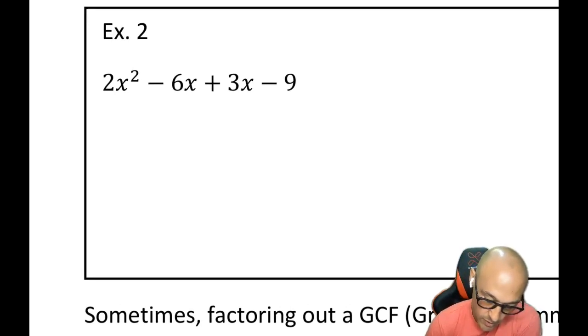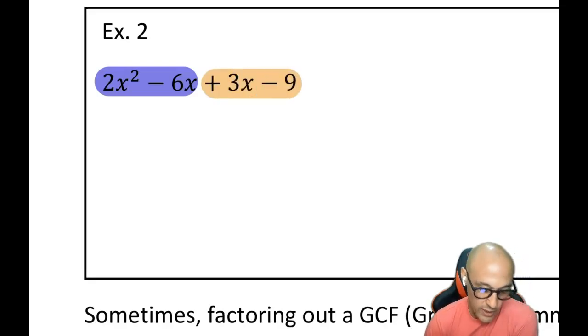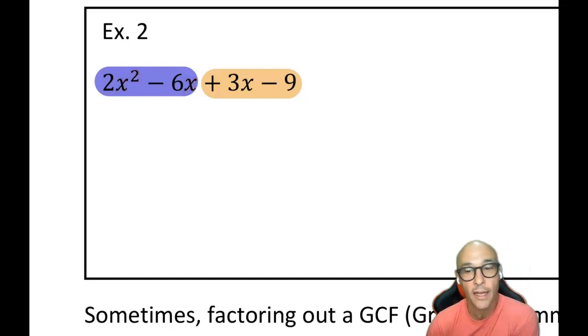So, I'm going to factor out the greatest common factor there. And I'm also going to factor out the greatest common factor there. So if we look at just the blue part, we can see that 2 and 6 have a common factor of 2, and then x squared and x have a common factor of x.